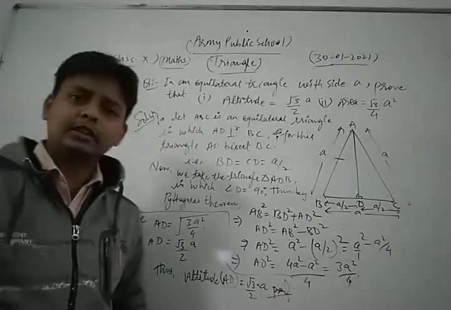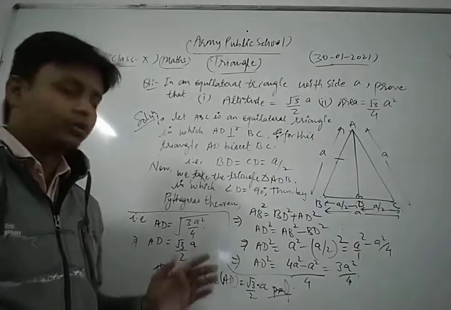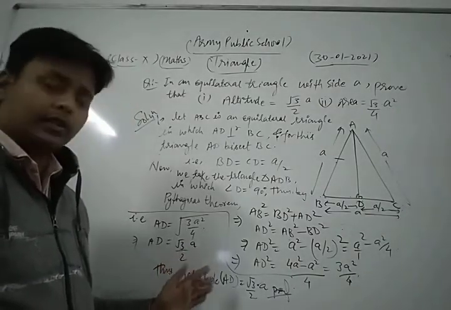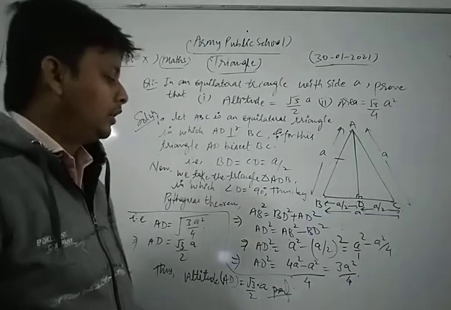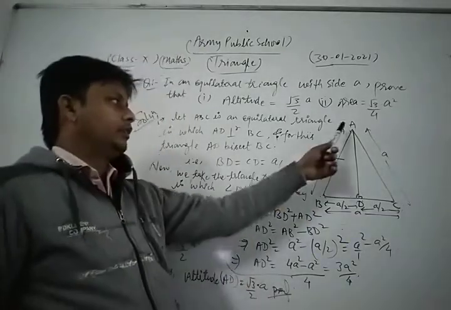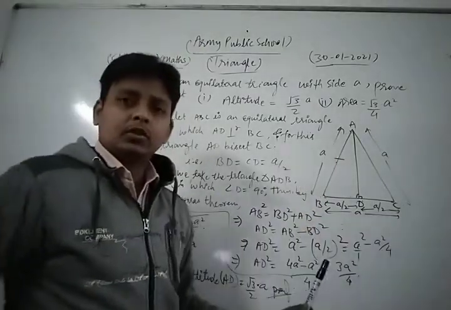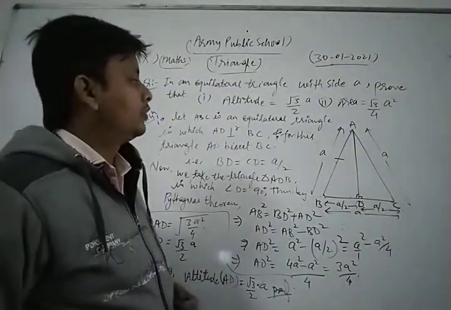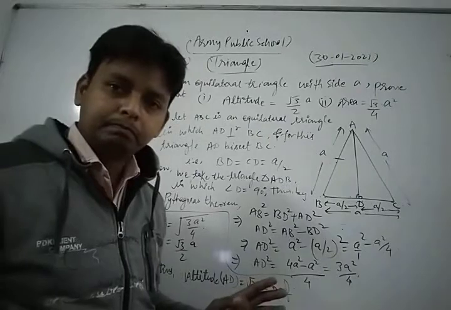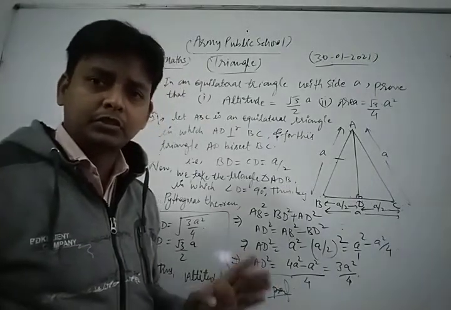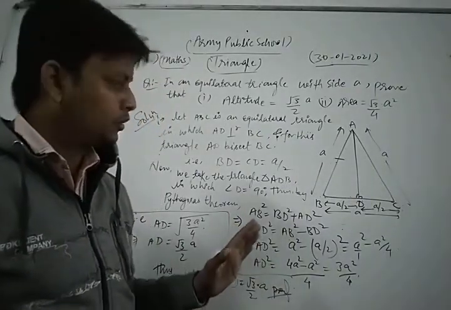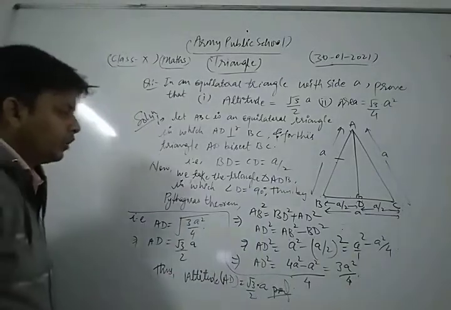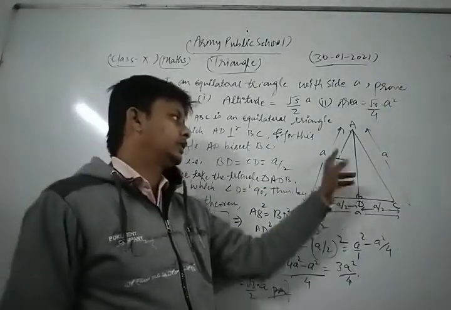Okay, dear students, thus in this way we prove the first result. Let's see once more. First of all, for proving that result, we draw an equilateral triangle ABC. In the given question, each of its sides is A units.